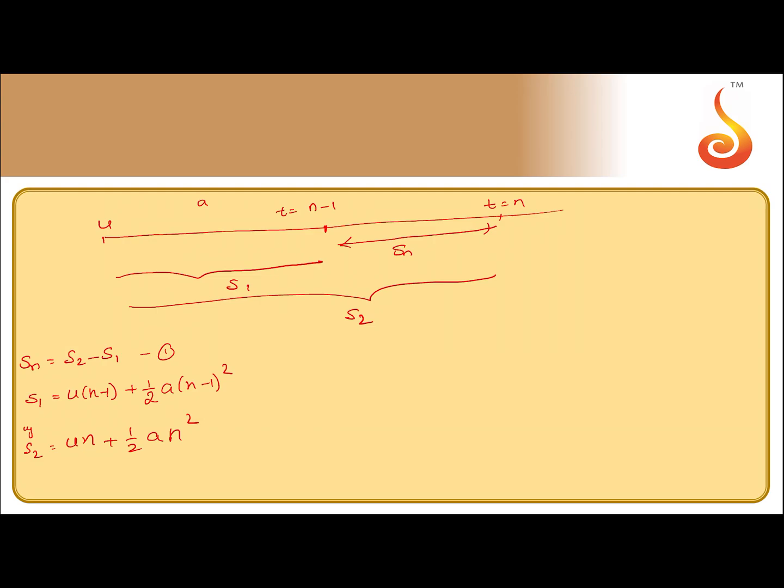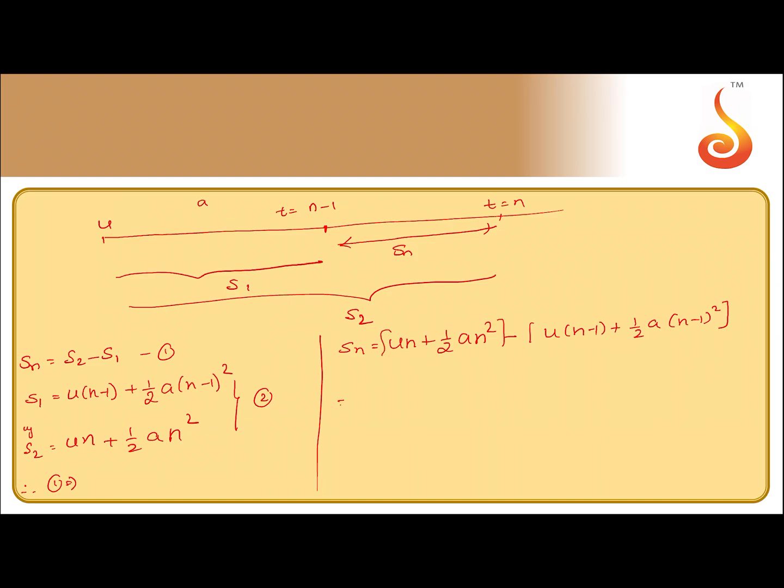In the place of t, I have this. This is equation 2. So, with this, the equation 1 takes the form Sn is equal to S2, that is un plus half a n square minus, what is it, u into n minus 1 plus half a into n minus 1 whole square.